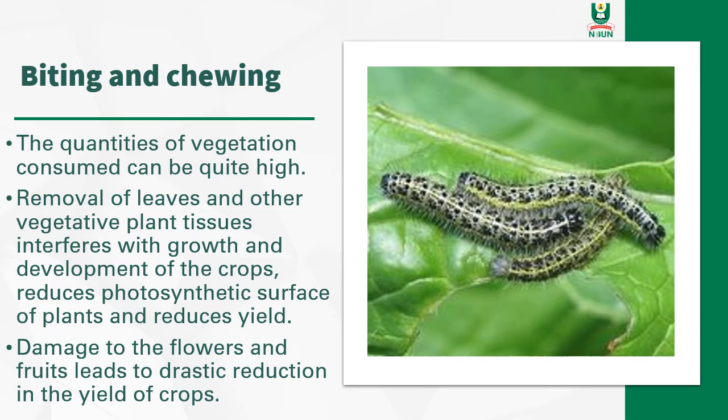It reduces the value of crops. Okay, and the quantities of vegetation they consume is very, very high. Before you know it, they are all over the place destroying everything. They remove leaves and vegetative parts of the plant, and when they do this, these plants can no longer photosynthesize, because these are the parts the plant uses to photosynthesize.